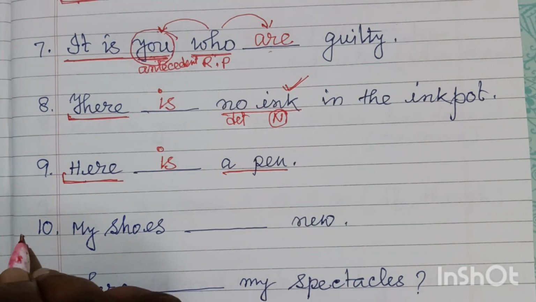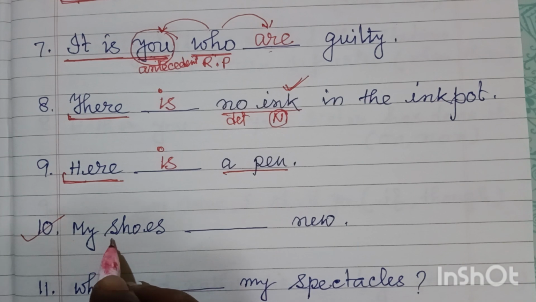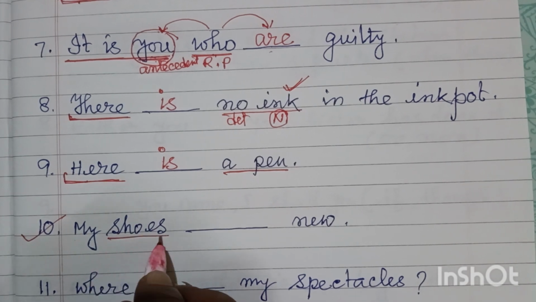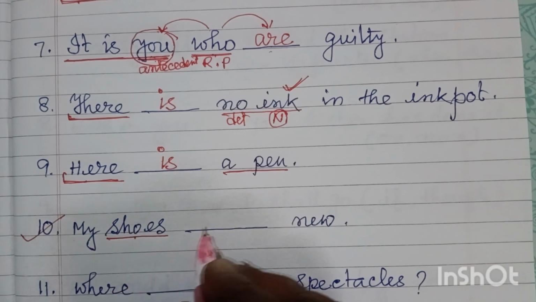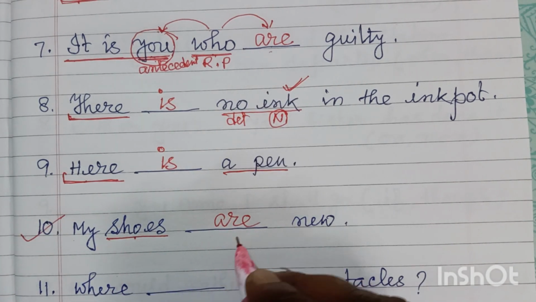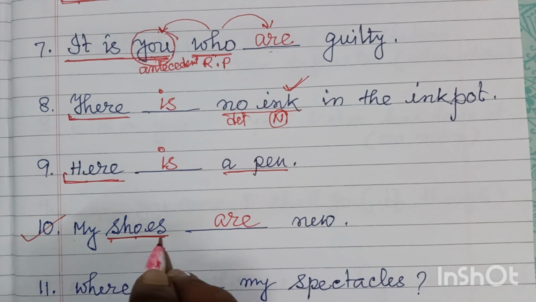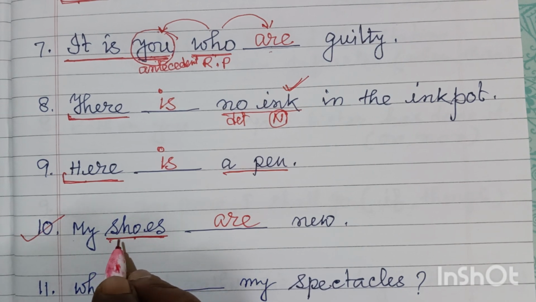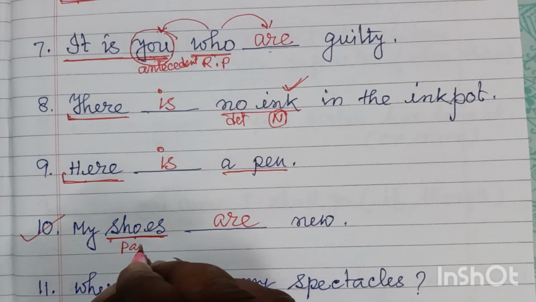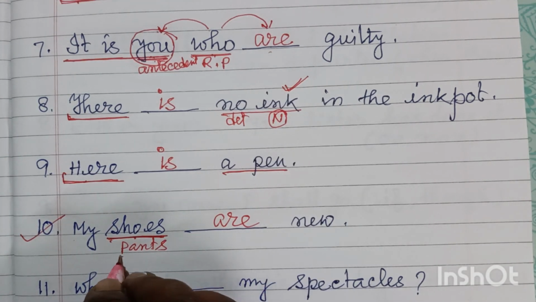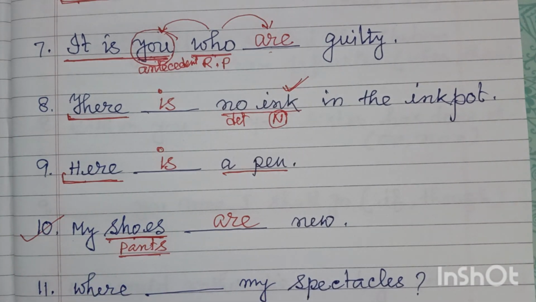Now in question number 10, my shoes. My dear friends, shoes, we cannot use this term as singular. It is always plural. So we have to use are. Just like that, you can see some other words are also there: pants, trousers, socks, spectacles.